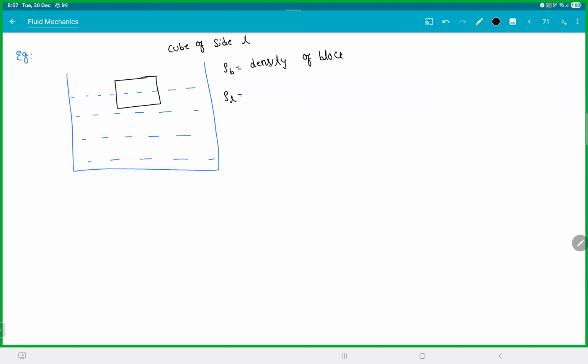Rho L is the density of the liquid. And let's say the density of the block is less than the density of the liquid, so it floats. So we want to find the depth inside the liquid. So x here is the depth of the block inside the liquid.